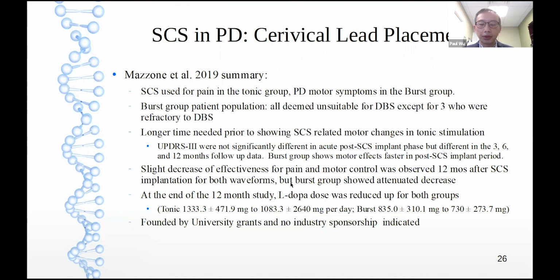There's a slight decrease in pain and motor control observed 12 months after spinal cord stimulation implants for both burst as well as tonic groups. However, the burst group has less decrease. At the end of the 12-month study, both groups showed a reduction in L-DOPA dosage. And this particular study was funded by a university grant with no industry sponsorship.